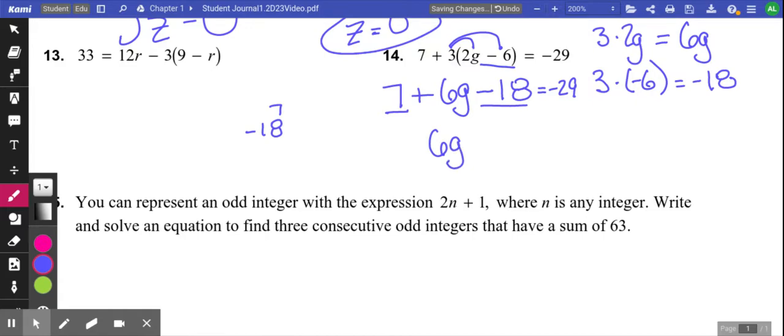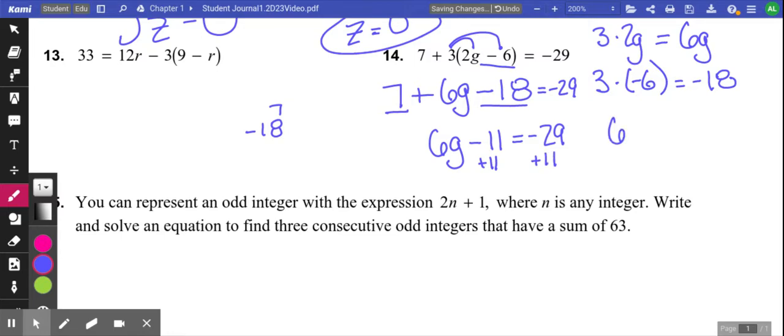So 6g minus 11 equals negative 29. Here we think, first we've got to deal with this addition or subtraction. So first we've got to get rid of this constant term. We're subtracting here, so we're going to add on both sides.